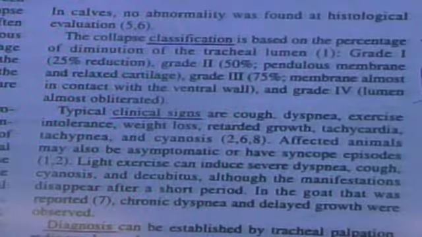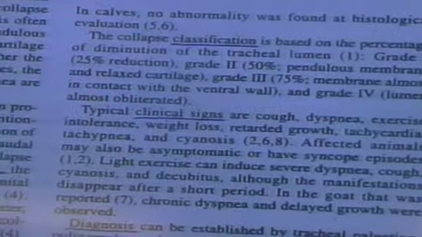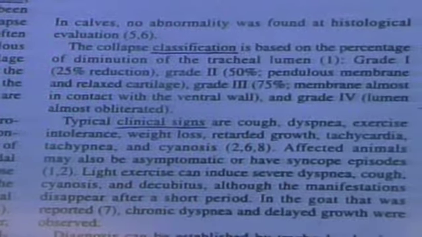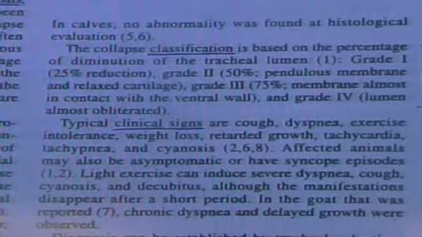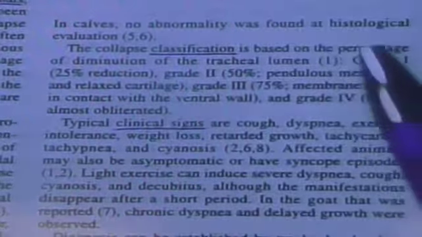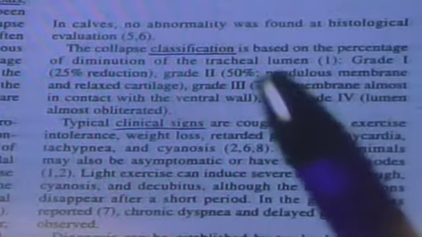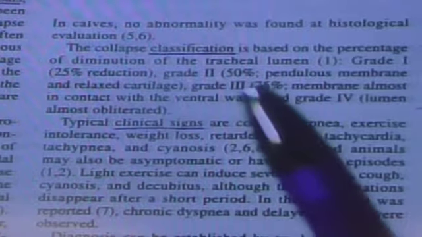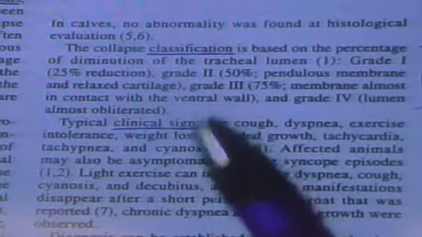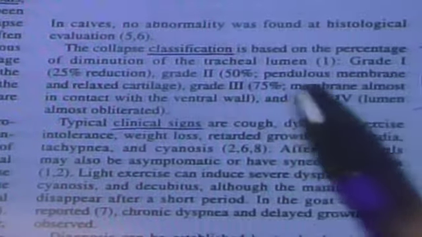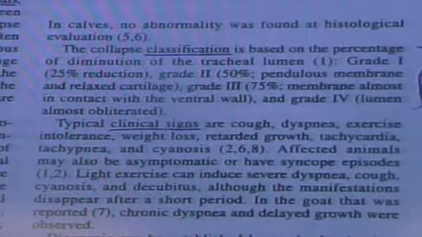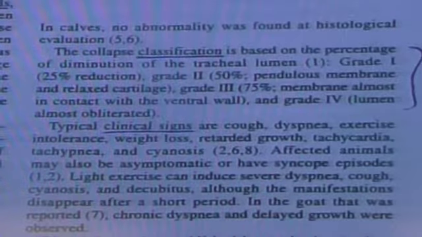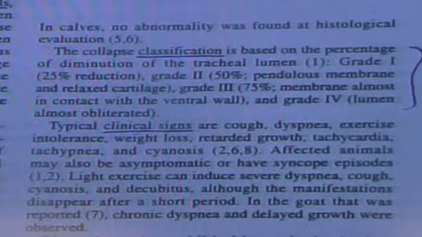And you're usually asked, how do you grade tracheal collapse, and what percent reduction in the lumen of the trachea corresponds to what grade. So grade 1, 2, 3, 4: 25% reduction, 50, 75, and almost 100. So that's pretty much how tracheal collapse is graded in all species.